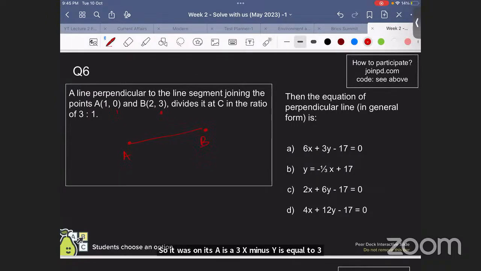Am I right? Yeah, you're right. For AB, it is correct. Sir, let me calculate the equation of the perpendicular line. Yeah, just calculate that.